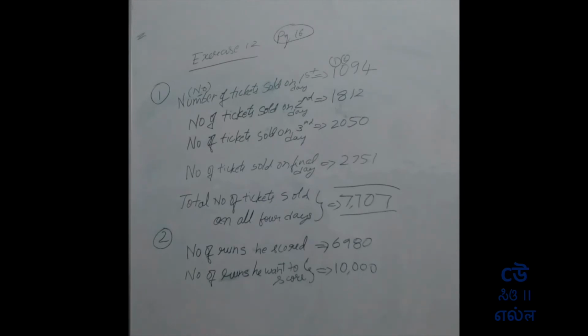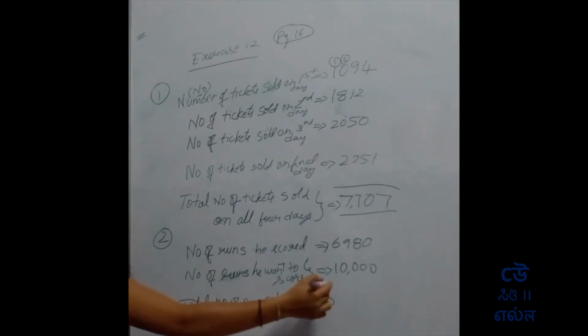So how many more runs does he need? Total number of runs he needs is equal to how much?